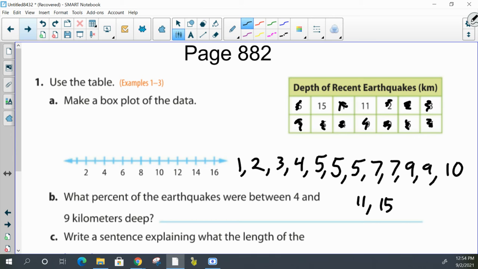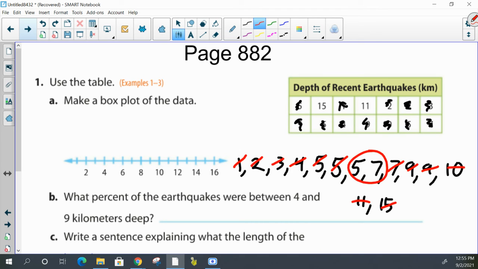We already know what our upper and lower extremes are as long as they're not outliers. We need quartile 1, quartile 3, and the median. So let's find the median. Start with your outsides and cross them off, and work your way into the middle. We have 2 centers.